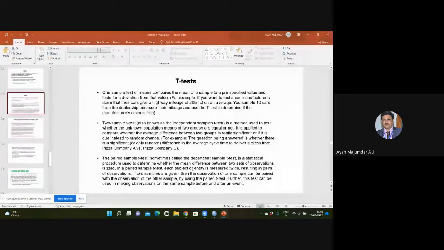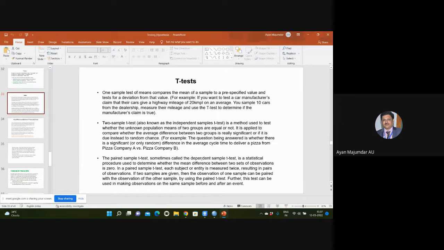Or say we have done some experiment and we want to check the effect: what was the position before conducting the experiment, and after conducting that experiment has the position changed. That is, we can pair before and after. So if we get two samples which we can pair, either before and after, or we can relate to some common base, then we can use the paired t-test.